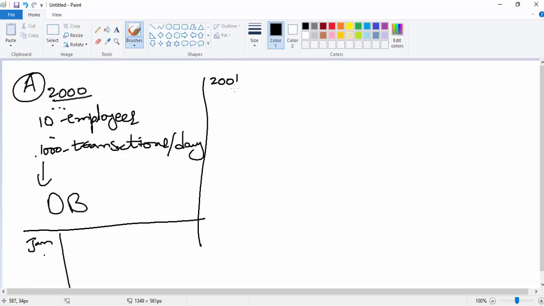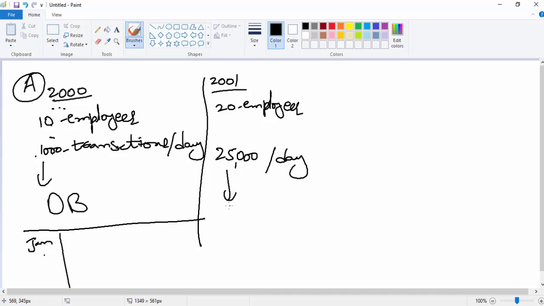In 2001, if you have good sales, obviously the company size will grow. Now my employees have doubled, and I have 25,000 transactions per day. As usual, the data is stored in the database, and if I want to run anything for Jan, I have to write a query against the database.